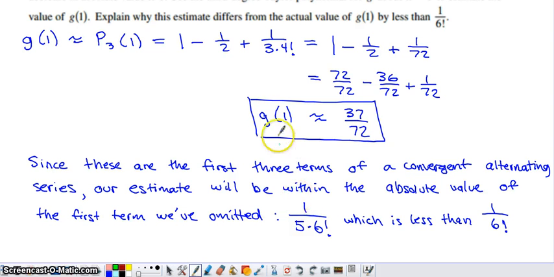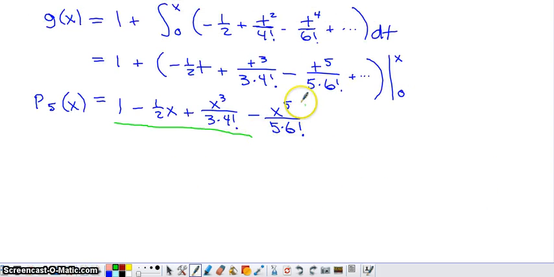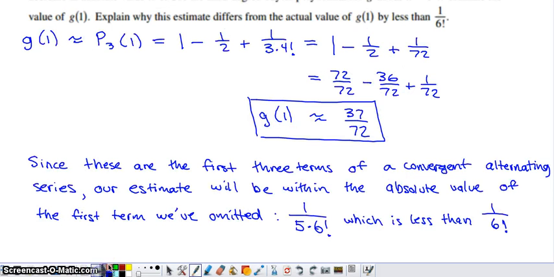And so the first term that was left off would have been, if we go back to part C one more time, this piece evaluated at 1. And so the alternating series error bound tells us that we're guaranteed to be within this amount.